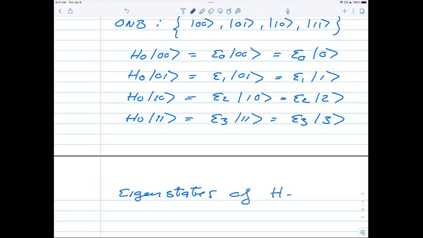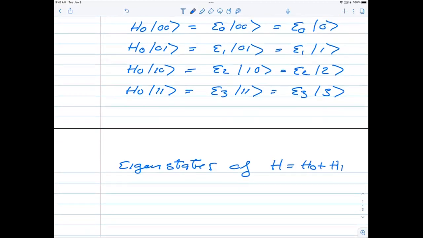the full Hamiltonian, H0 plus H1, are not given by these eigenstates, but we can expand. If we use this as a computational basis, we can then expand the eigenstate, let's say for the lowest lying state, 0, that will contain an alpha 0 multiplied with 0, 0, plus an alpha 1.